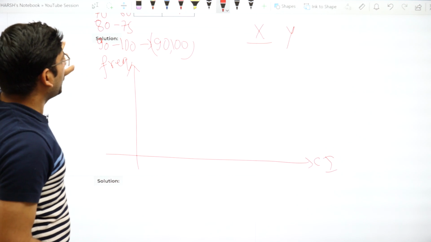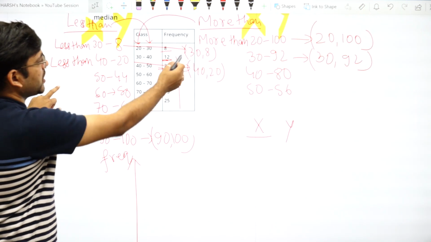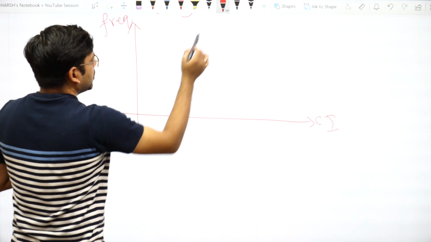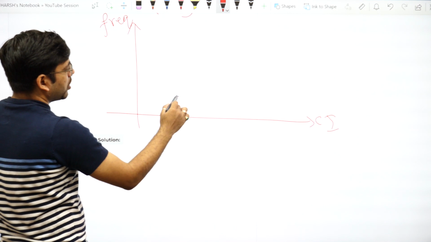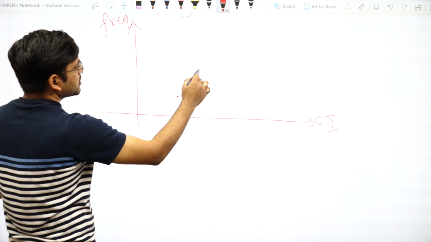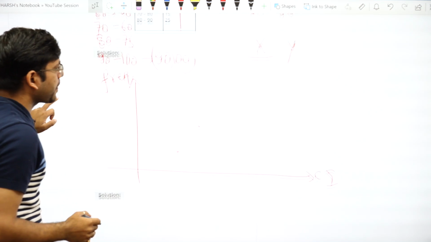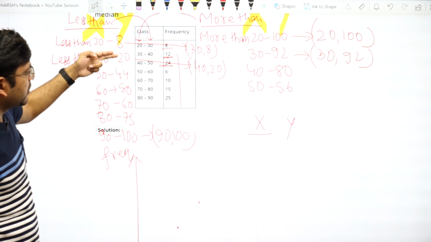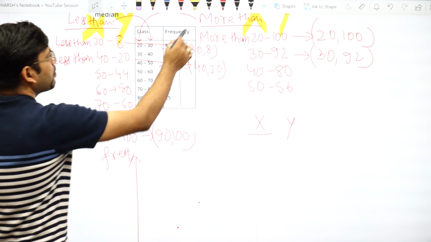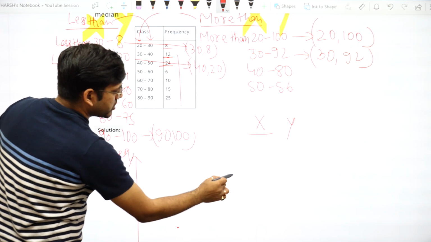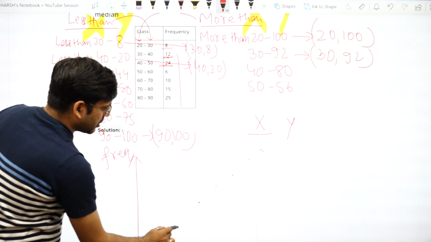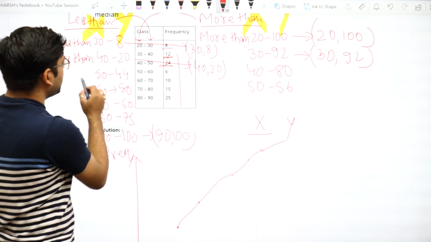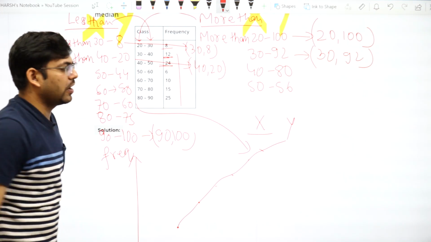So the first points were 30, 8 and 40, 20. So it will be like this. Now just pay attention that here all the y coordinates are increasing. So if I plot it on the graph, it will be increasing, isn't it? So the less than graph would be always an increasing graph.